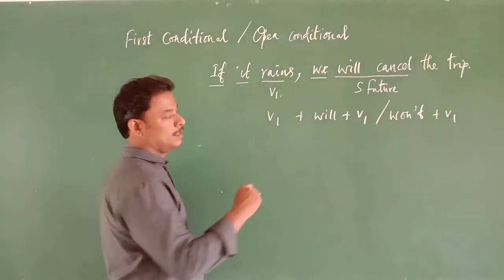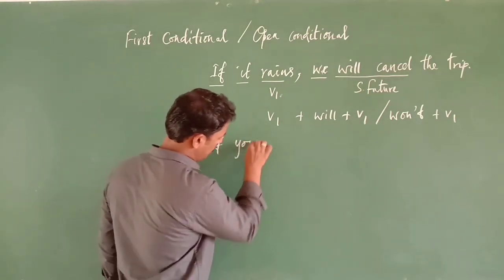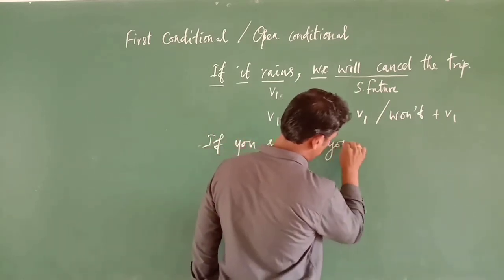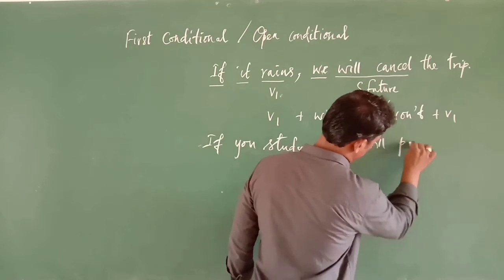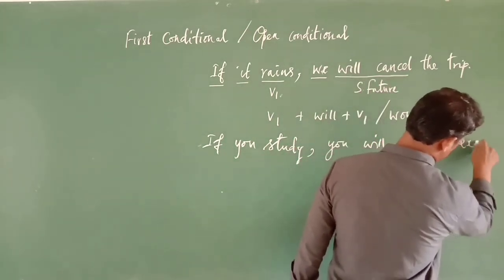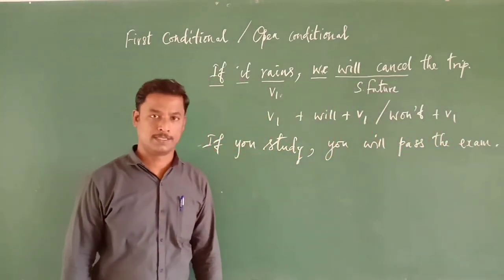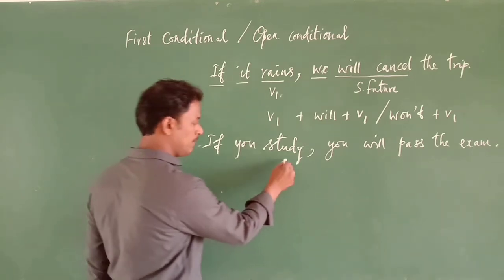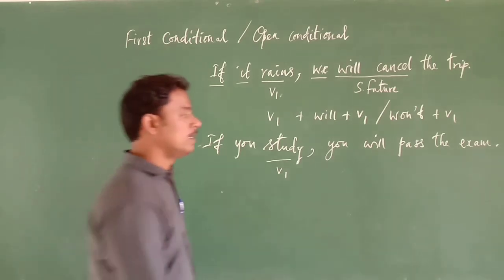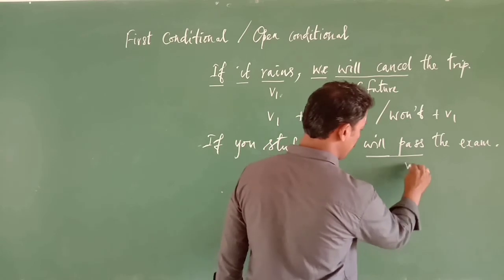Right. The next example is: if you study, you will pass the exam. If you study, you will pass the exam. Right. So analyze the verb pattern here. Study is in present simple and the result has the future simple, that is will plus verb 1.